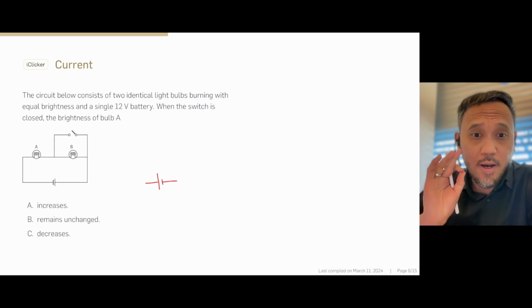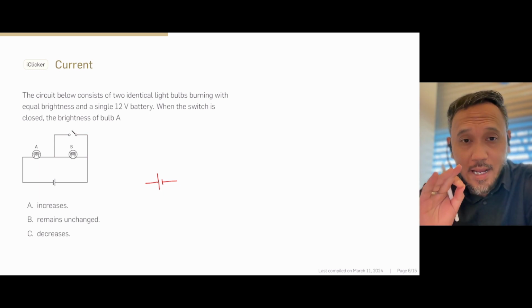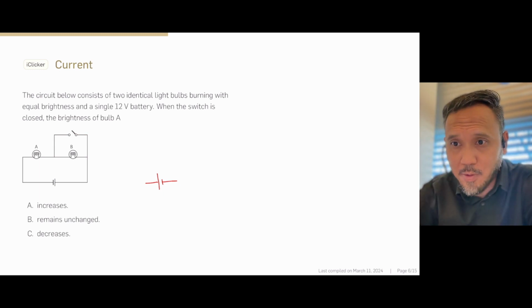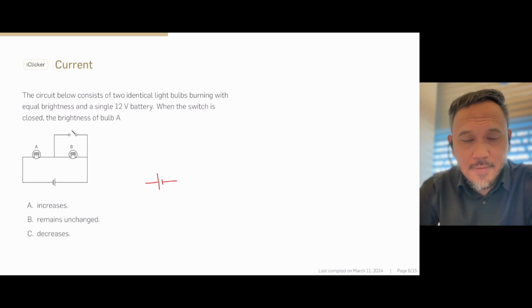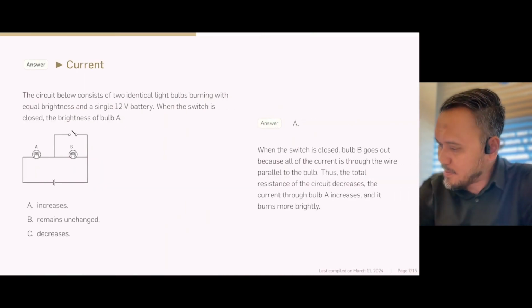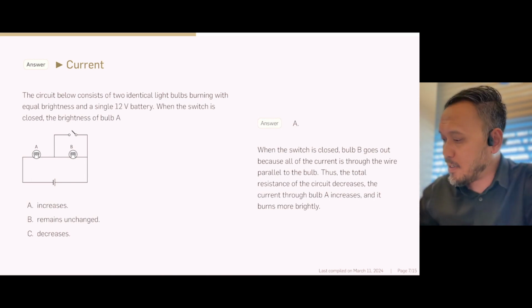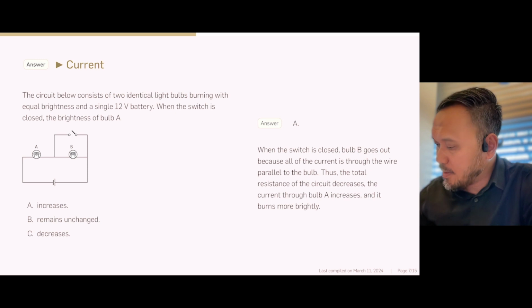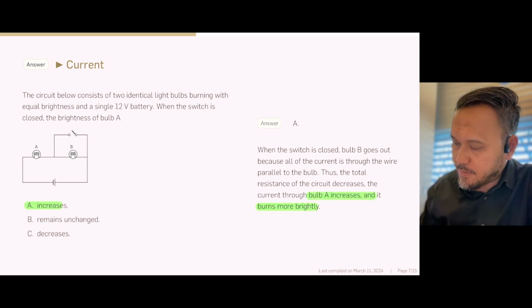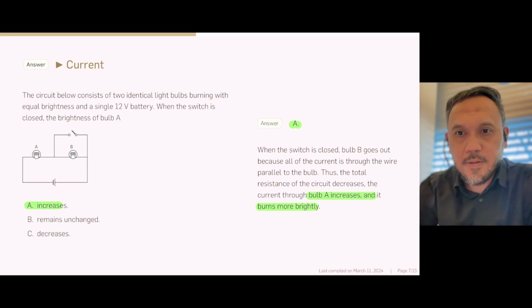But basically, if you understand, you can answer any problem. So this is a similar problem, and the answer is basically similar. Bulb A will burn more brightly. Okay, good.